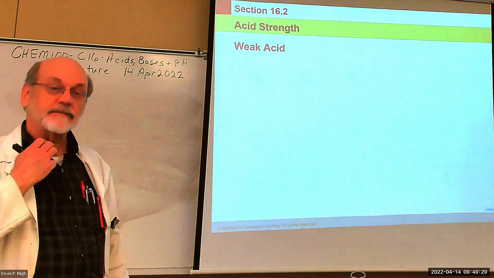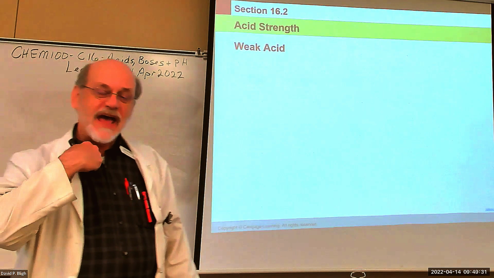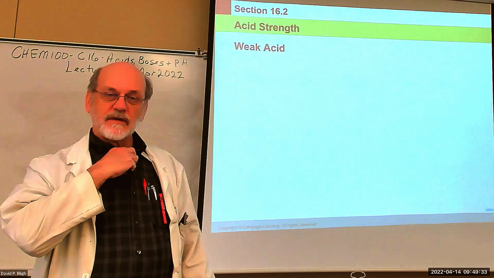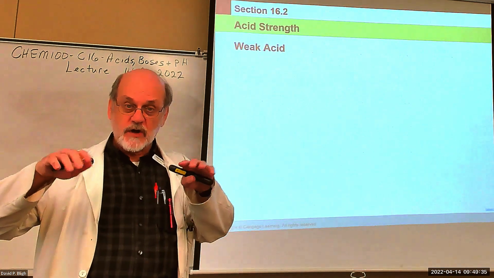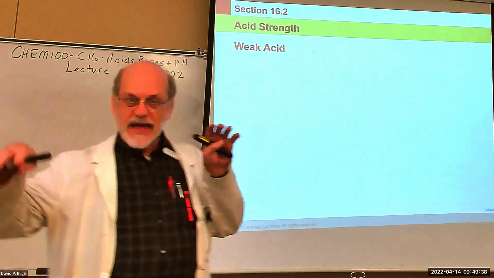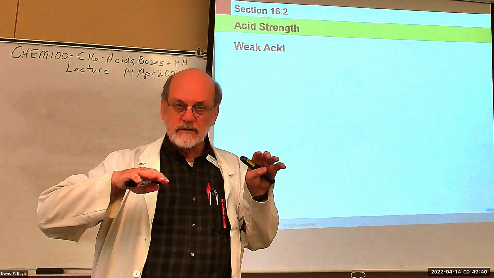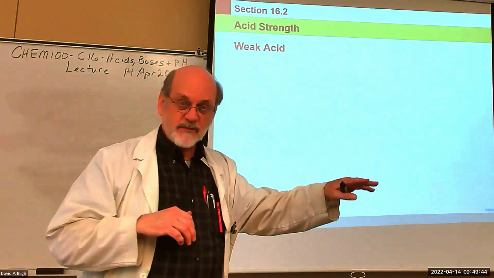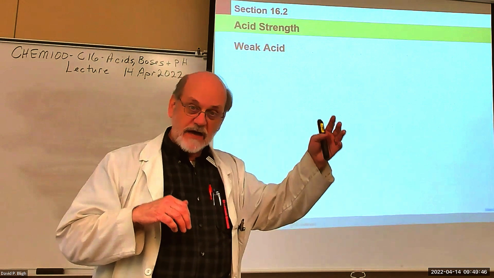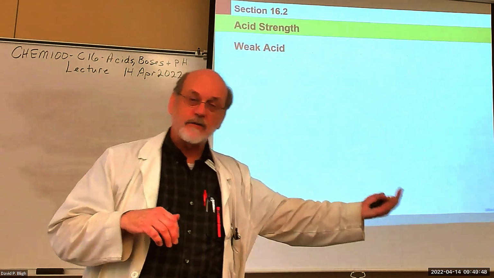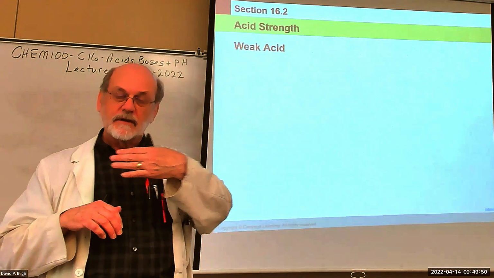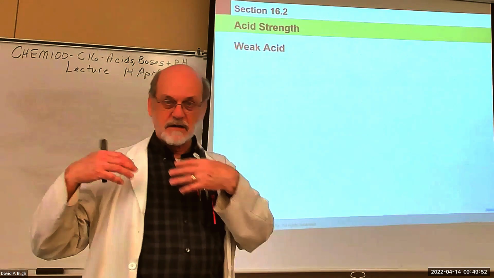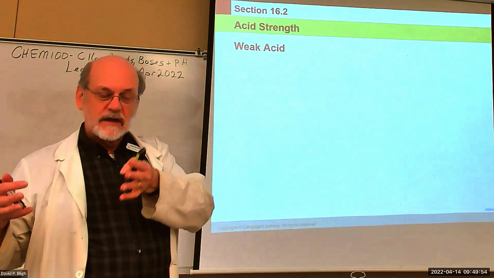That's a strong acid. A weak acid, in chemical terms, is one that does have an equilibrium situation where you have acid, water, produces hydronium ion, conjugate base, but the hydronium and the conjugate base can react in return to the reactant side.